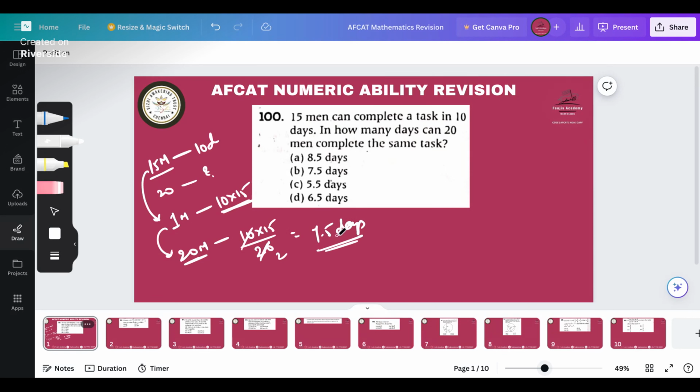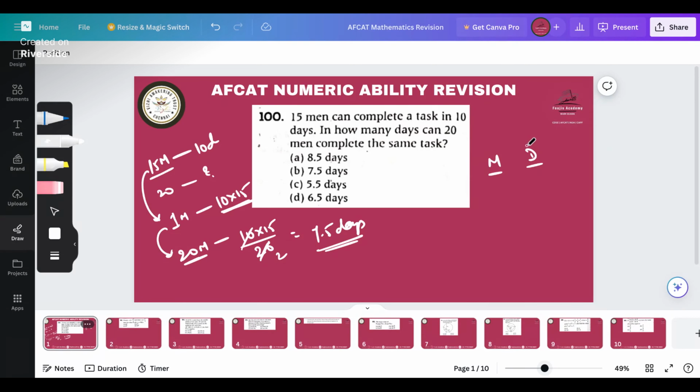Now those who want to do it a little bit faster can observe that wherever men and days are concerned, are these two directly proportional or indirectly proportional? Directly proportional are the cases wherein one and the other variable both move in the same direction. If men increase, days will also increase.